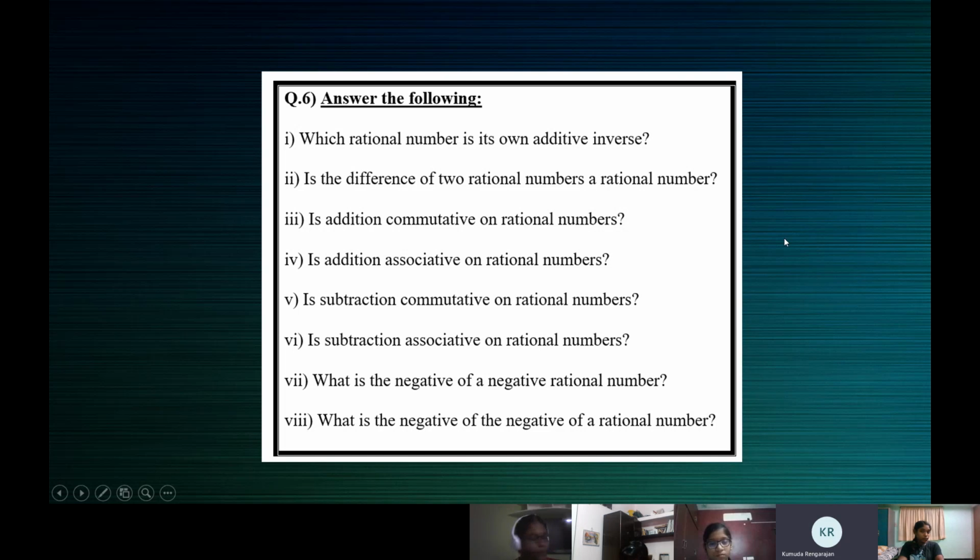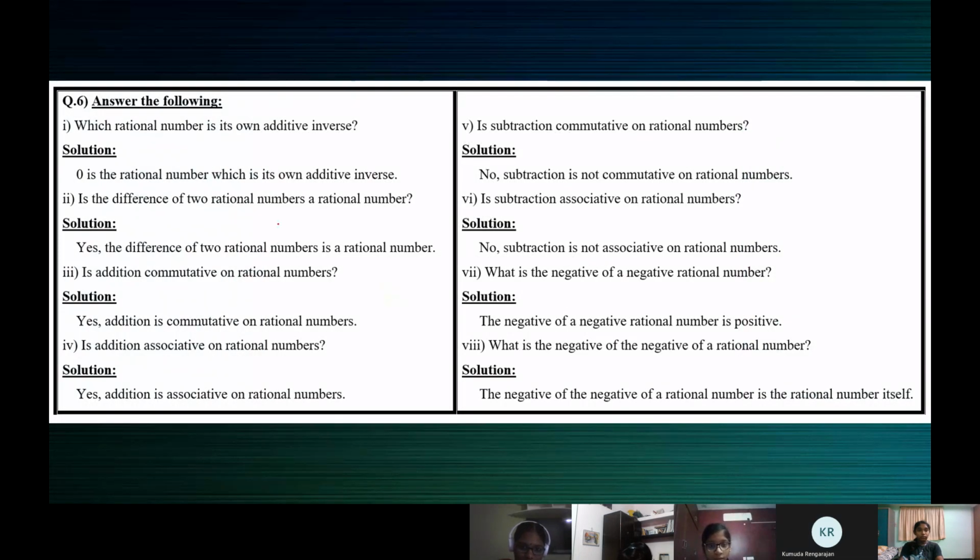I think we discussed these answers in the class, and you remember, children, I had corrected one answer in the last class. This one: what is the negative of a negative rational number? The negative of a negative rational number is positive.